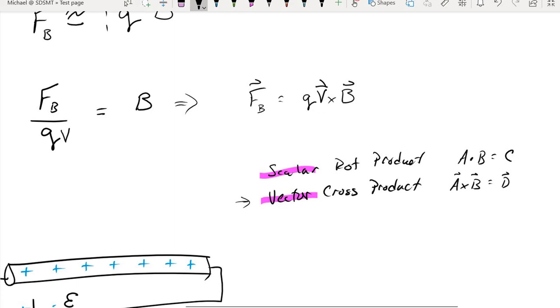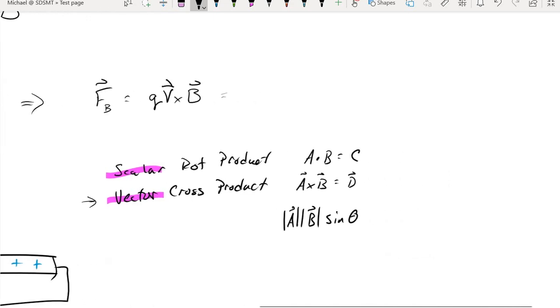And vector cross products can be evaluated by taking the magnitude of each vector times the sine of the angle that exists between them. Now, over here, A, B, C, D, these are just random letters that I used for the vector notation. Should have the vector hats on there as well.